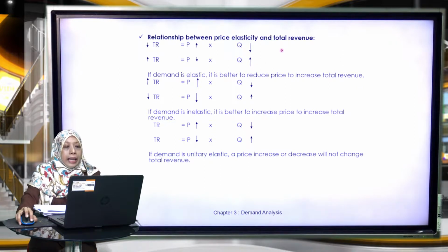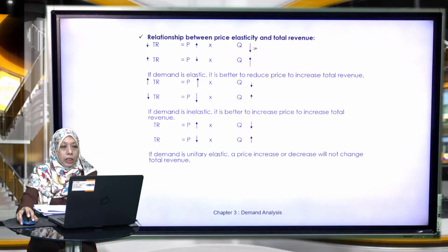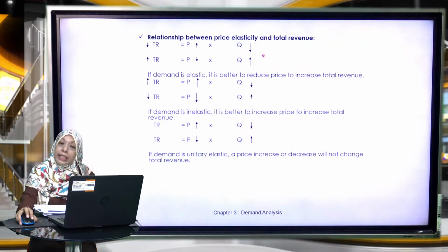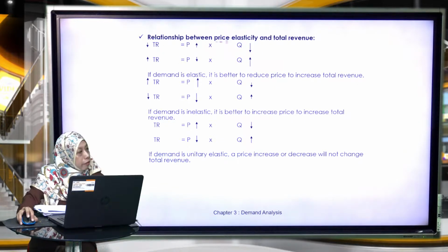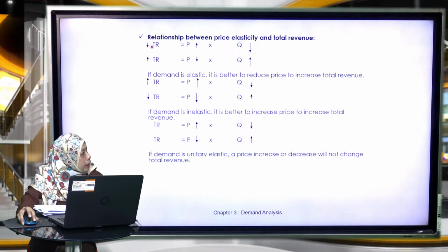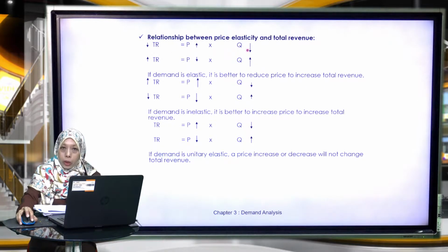First of all, we're going to look at the case of elastic demand. Assuming that your customers have an elastic demand, meaning that they are very sensitive towards change in price. What I have here is the formula to calculate total revenue. Total revenue is price times quantity.